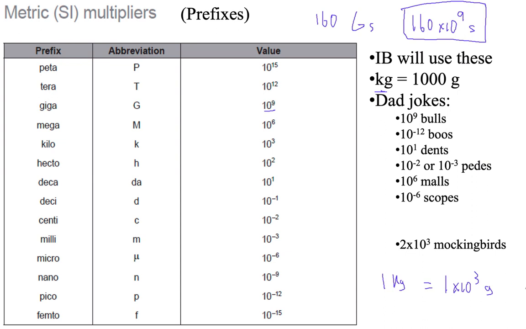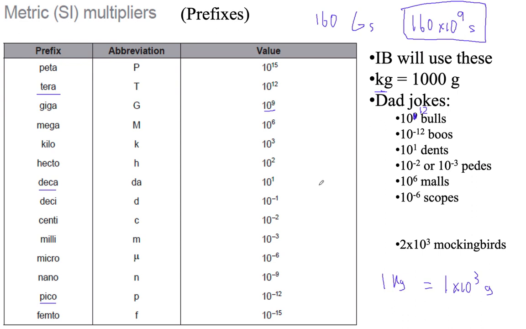Now, of course, you can make a bunch of dad jokes. For example, if you had not 10 to the 9th, but 10 to the 12th bowls, why, that would be terrible. If you had 10 to the minus 12th booze, though, that would be 1 picoboo. If you had 10 to the 1 dents, that would be decadent.